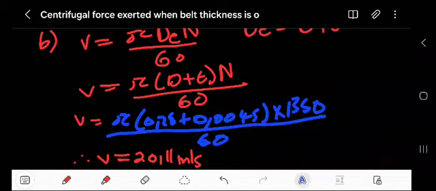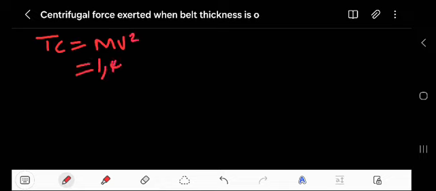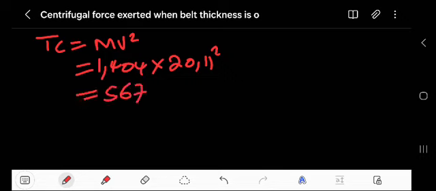But we are not done, we are supposed to calculate the centrifugal force. The mass will be the same, since we are still using the same belt. Only the velocity changes. You punch that, and this is what we'll have.